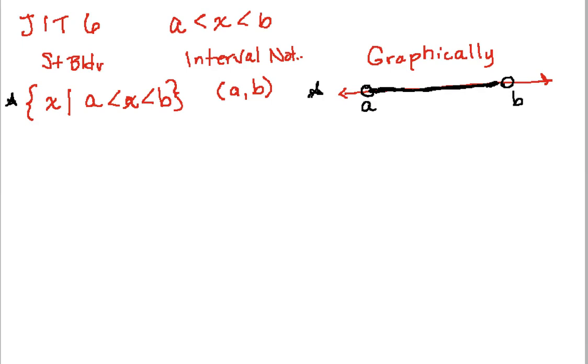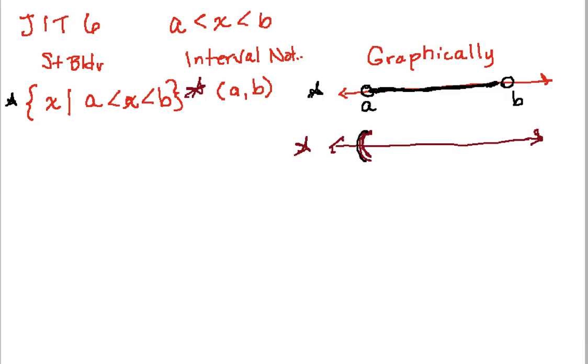I'm going to go back to a different red, but it's okay. I'll put a star with that one. All right, so here I'm going to have my paren. Actually, let me put that in black.